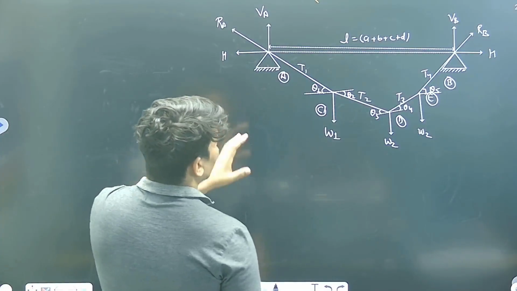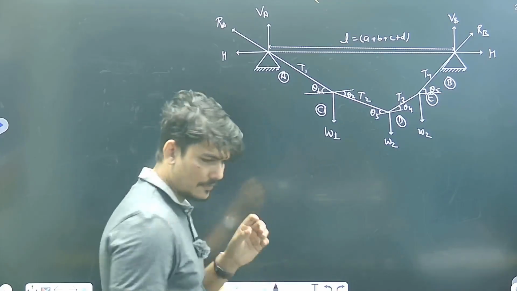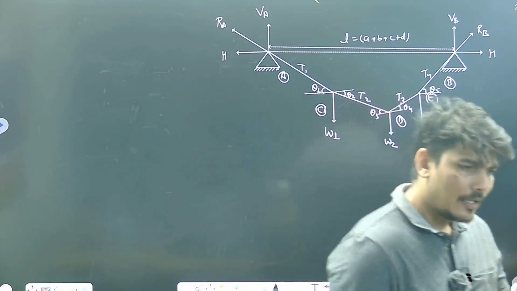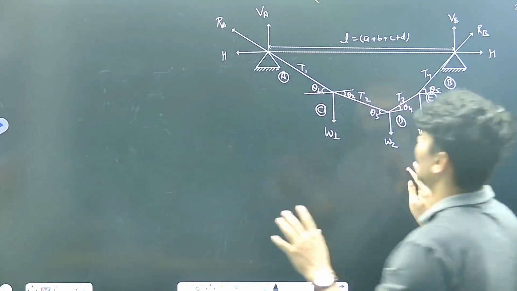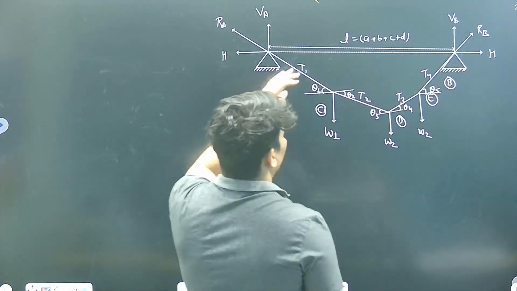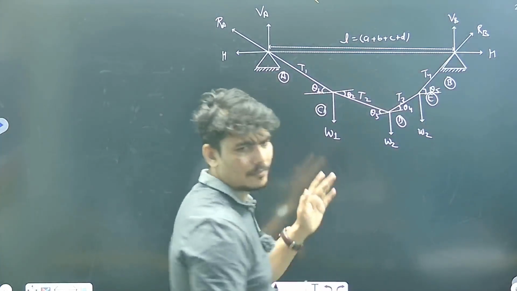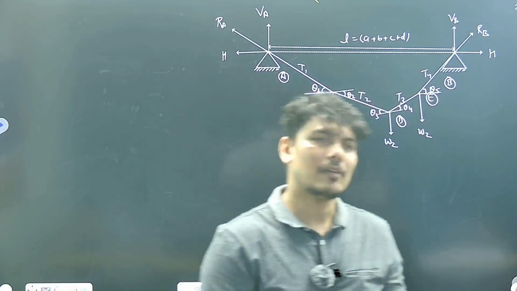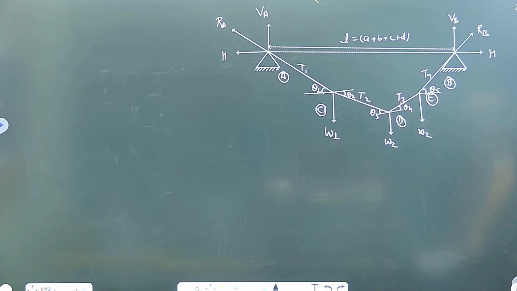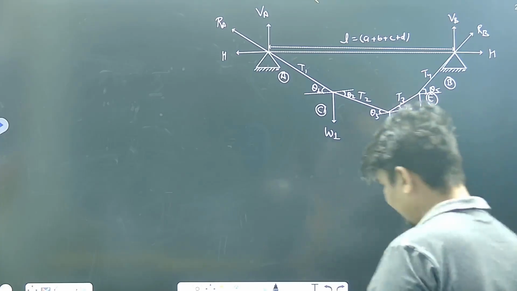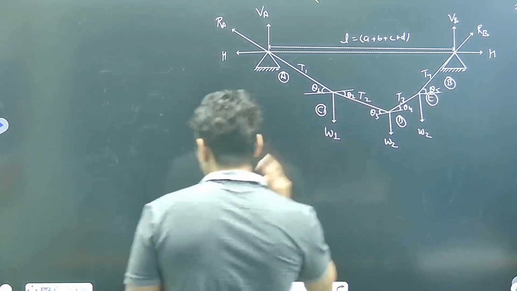First, the condition is if you want to analyze this cable system supported by these two supports and subjected to some kind of force system W1, W2, W3, then equation of equilibrium should be applicable here, right? So here two conditions must be satisfied.